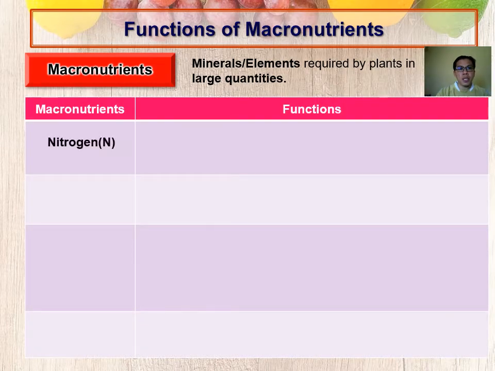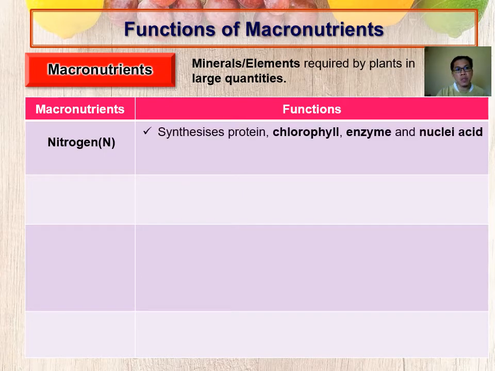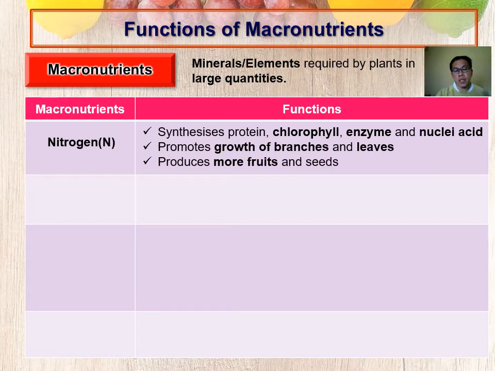So, this is the table of functions for each macronutrient. For example, nitrogen. I will highlight what is important. The main function of nitrogen is to synthesize protein and for growth of leaf, as well as to produce more fruits and seeds.